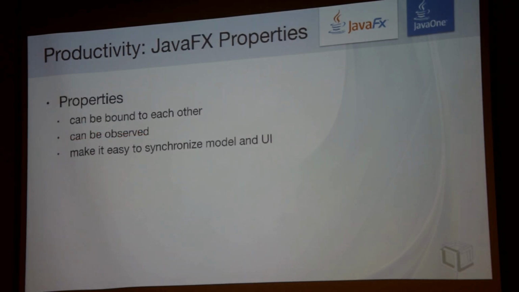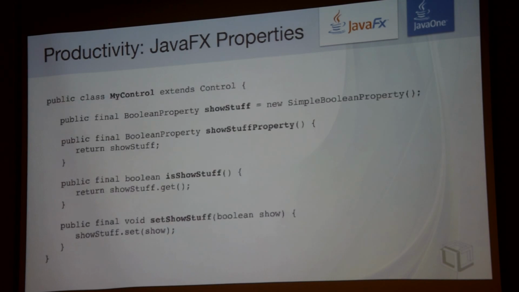Now with JavaFX, you get properties that can be bound to each other, they can be observed, and they make it very easy to synchronize the model and the UI. So now you can have a custom control, my control, extending control, and you just introduce a Boolean property like that. You have an accessor method for this property, and a getter or an is method, and a setter, setShowStart.